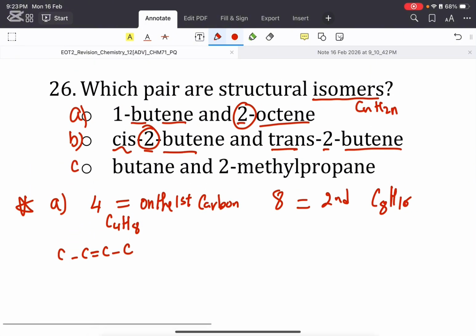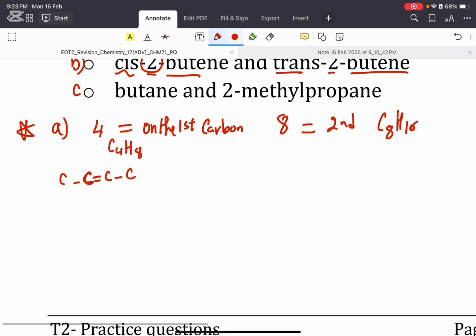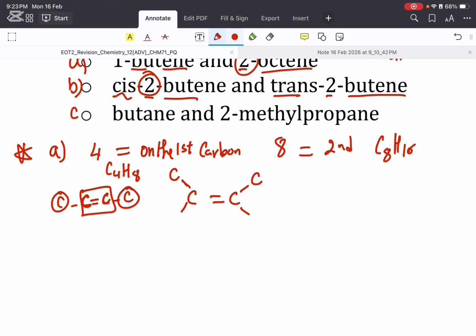So I'm gonna focus on this double bond over here. This double bond, you'll do like that. I have 1 carbon and I have 1 carbon. I put them next to each other because it says cis-2-butene. This is cis-2-butene.